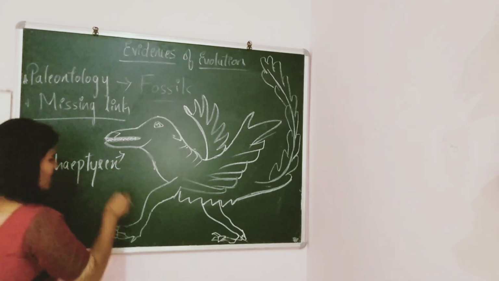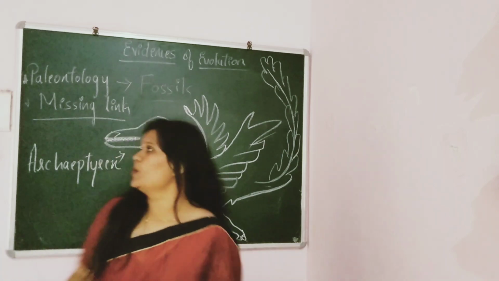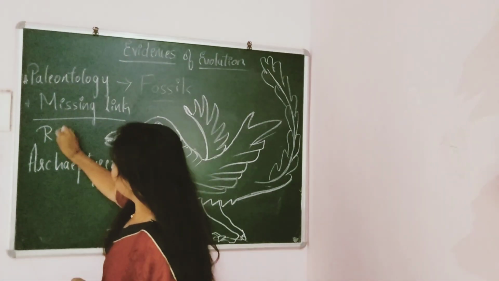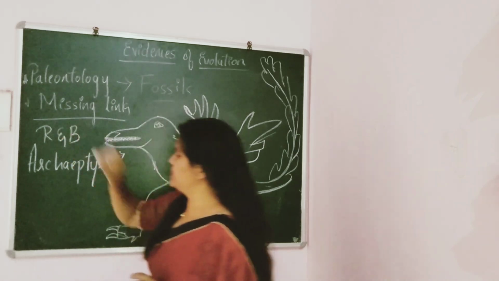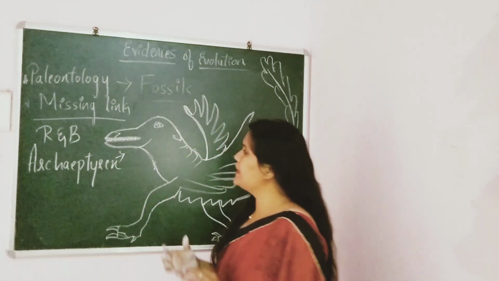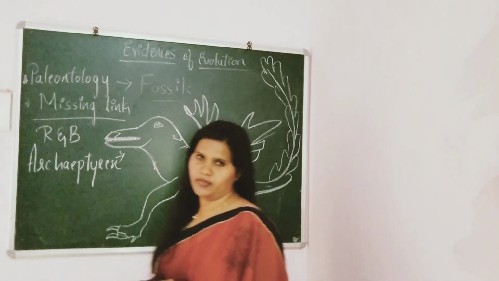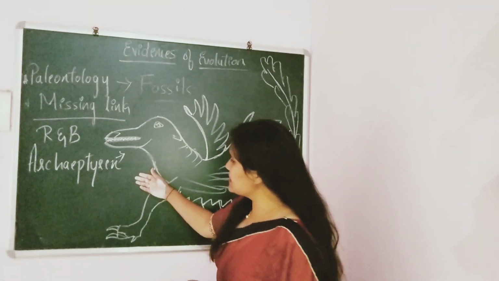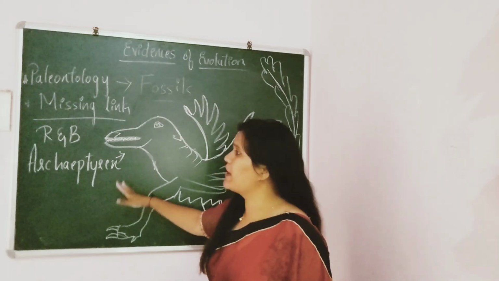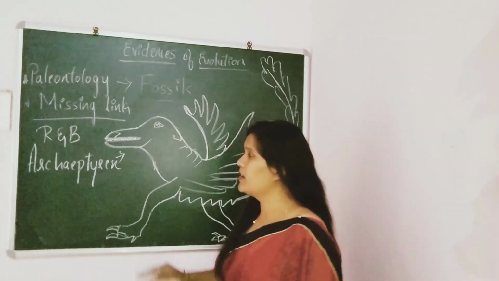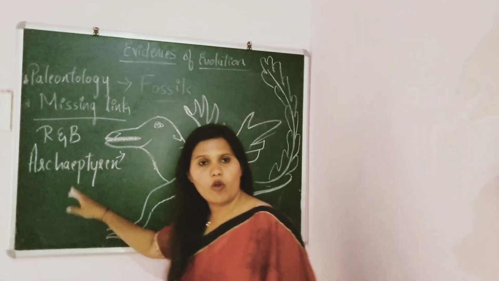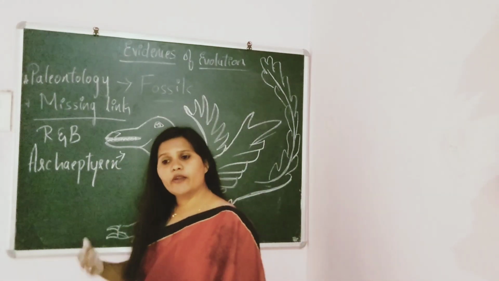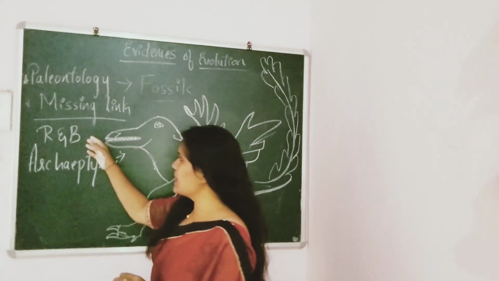He is the link between the reptiles and birds. Why? It means that this is the evidence that we can believe that reptiles evolved and became a new species, that is birds.